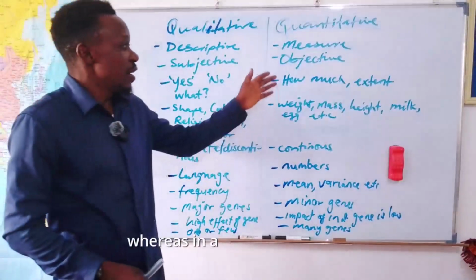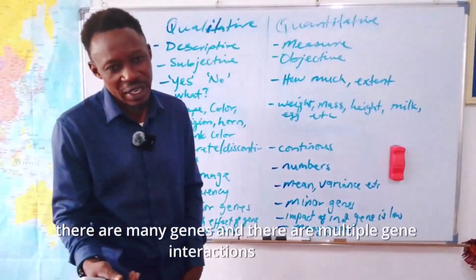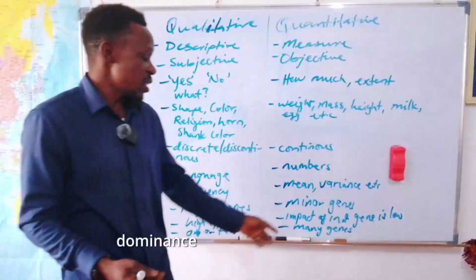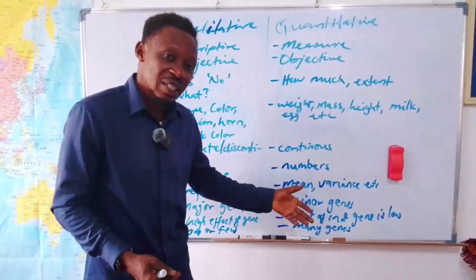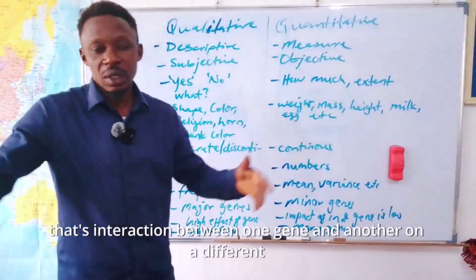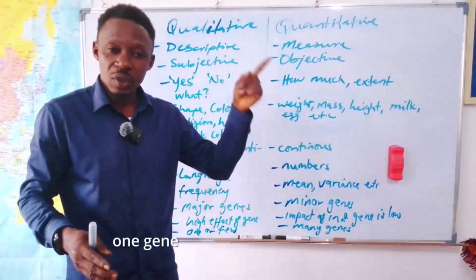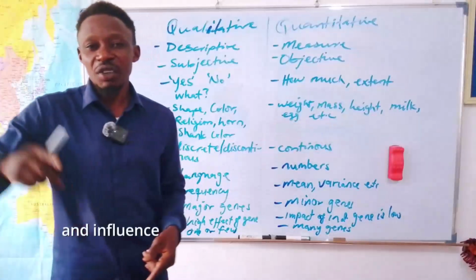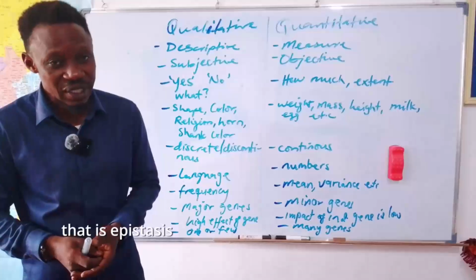Whereas in quantitative traits, there are many genes and there are multiple gene interactions as well. Dominance is not found over here. You could have epistasis, that's interaction between one gene and another on a different location, different loci. One gene could be in one locus and influence the expression of another gene on another locus, that is epistasis.